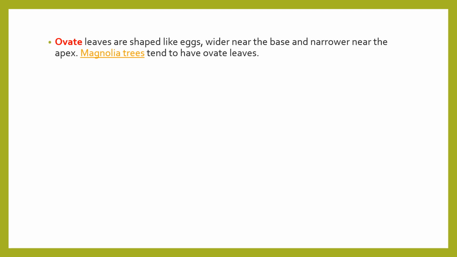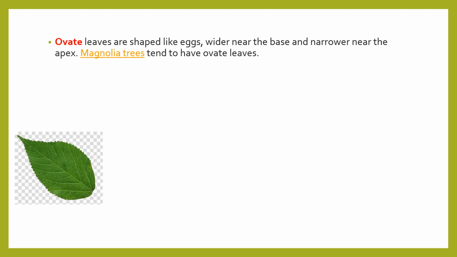Ovate leaves, or you can say egg-shaped leaf. It looks like an egg. Wider near the base and narrow near the apex, like this one.